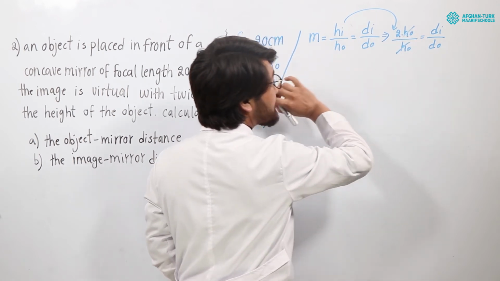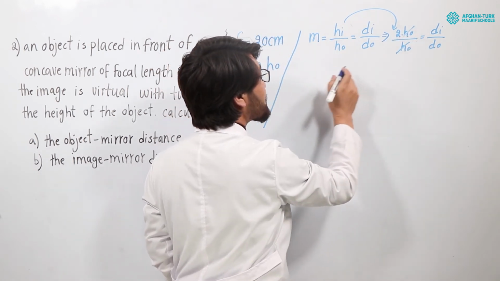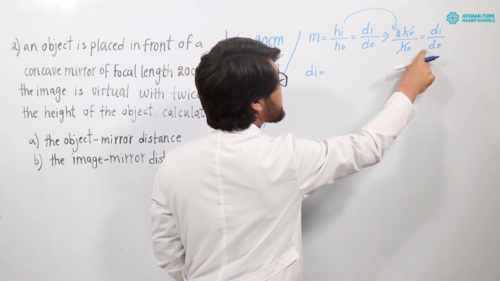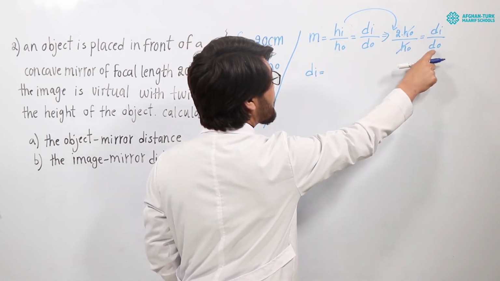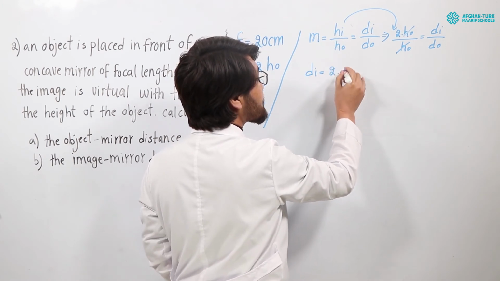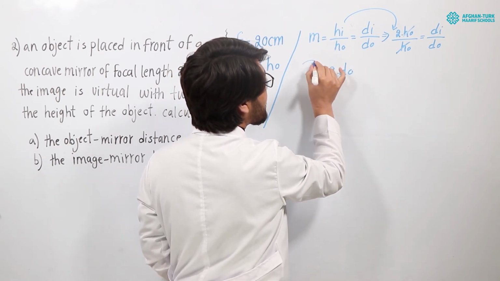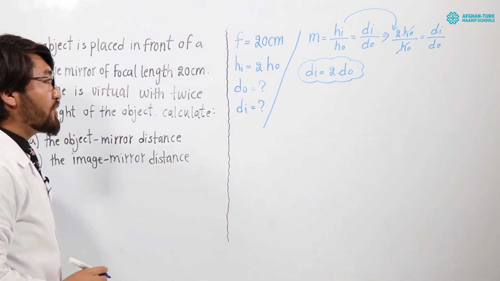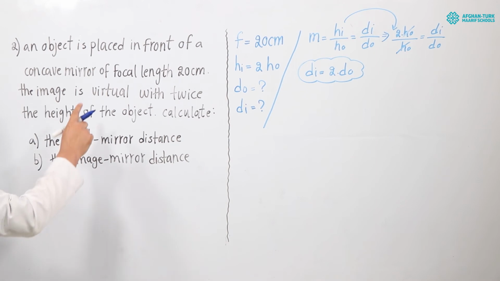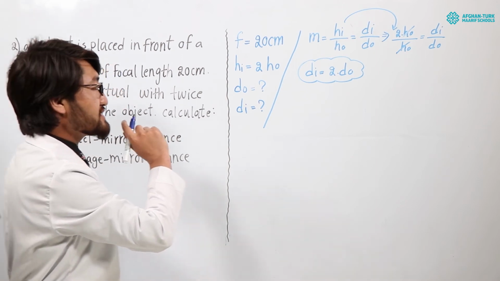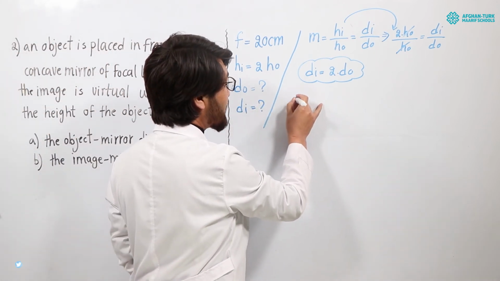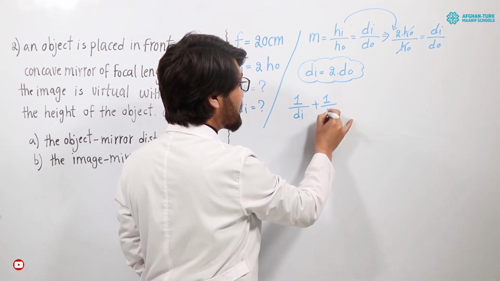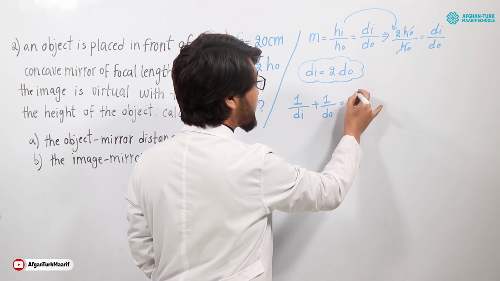If we cancel HO, 2 is equal to DI over DO, so DI is equal to 2 times DO. We found this relationship between DI and DO. Now we have a formula for concave mirror. What is the formula? 1 over DI plus 1 over DO is equal to 1 over F.